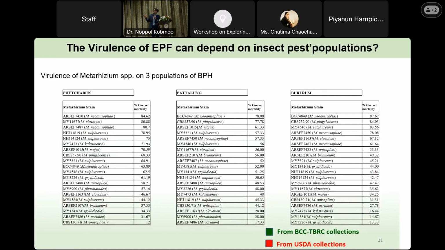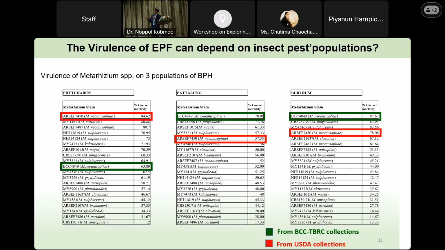But this time we took brown plant hoppers from 3 different populations from Phetchabun, Pathalung, and Buriram, and tested whether different strains of entomopathogenic fungi can be equivalently virulent against different populations. And we can see that, for example, the same strain does not always give the same result with different populations of the brown plant hoppers.